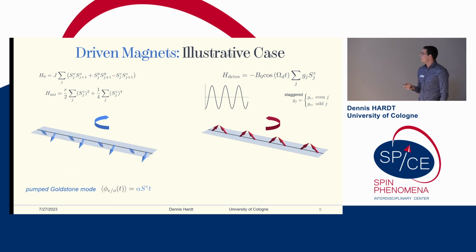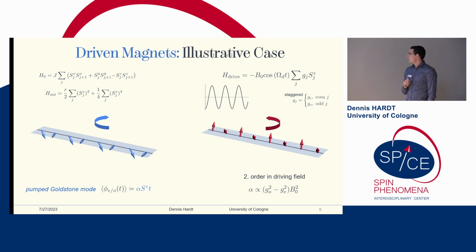In addition, if you now do some perturbation theory, so you take this micromagnetic model, expand, and average over time, you see the rotation already, but you will see that it's linear in time, which gives you this rotation, and you can also write it proportional to S_z, which is important later.